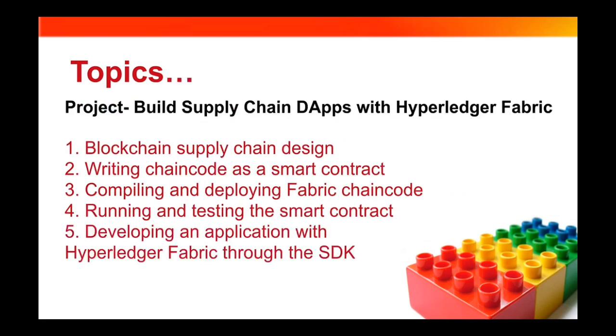With that, we have also built a distributed application, a supply chain distributed application with Hyperledger Fabric. In that process, we have learned how to design the supply chain, how to write the chain code, how to compile and deploy the chain code, running and testing the chain code, and we also developed an application with Hyperledger Fabric through SDK.